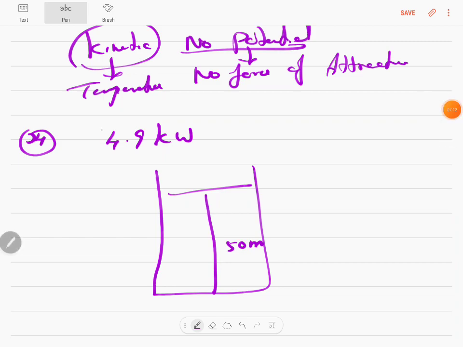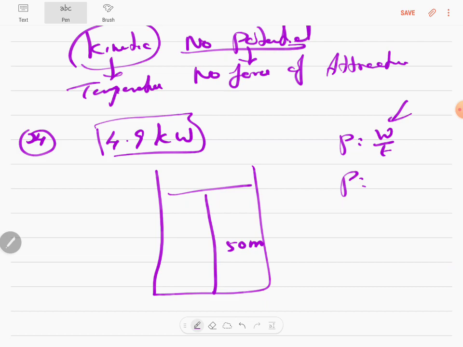Power is the rate at which work is done. Here the work done is nothing but potential energy, and the potential energy is mgh. But we don't know the mass.